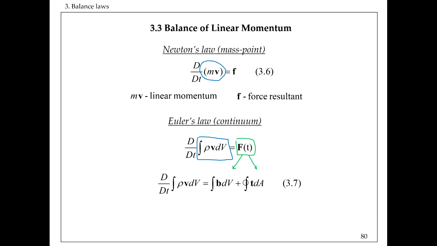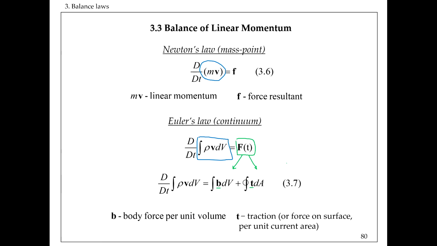The body forces, which we denote B, you can notice we integrate over the volume, defined as force per unit volume, while T, what we call traction, is the force per unit area.